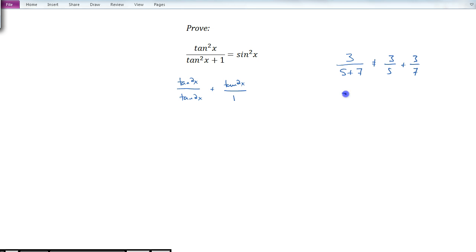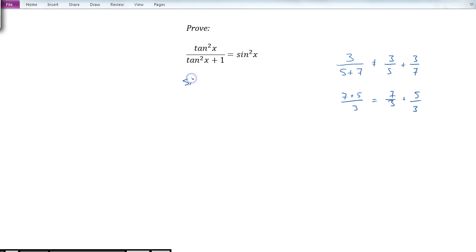What is allowed is 7 plus 5 over 3 is equal to 7/3 plus 5/3. That's a common denominator. There's no such thing as a common numerator. So this is unfortunately not allowed. So what do you do? Well, I would suggest transforming this into sines and cosines.